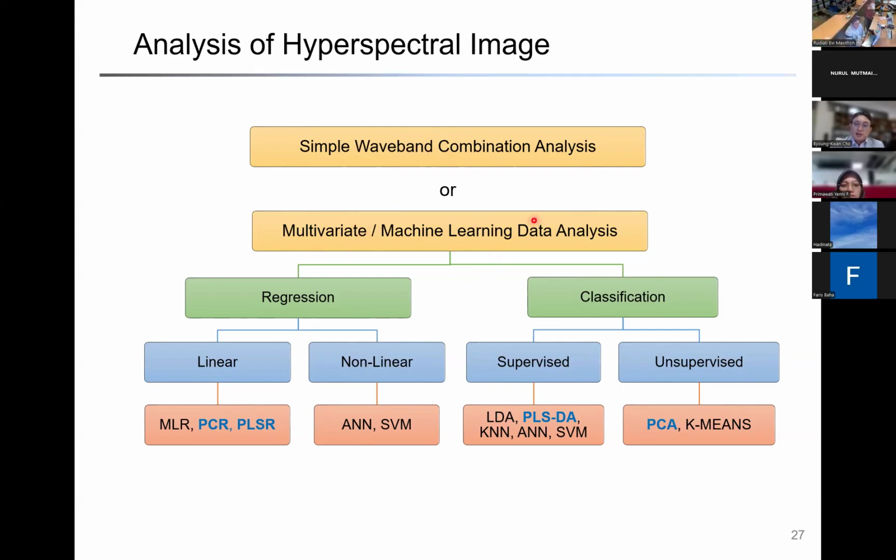There's multivariate analysis or machine learning. The 2 types: regression and classification, as I told you earlier. In the case of regression, there are 2 types also: linear and non-linear. In the case of a linear model, representative models are the linear regression model, principal component regression model, and partial least squares regression. So those are the linear models. Non-linear models include support vector machine and random forest.